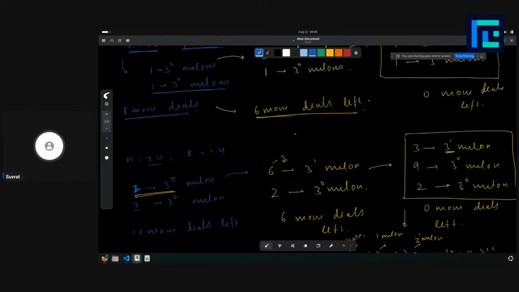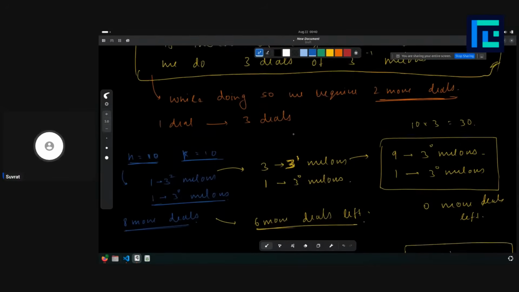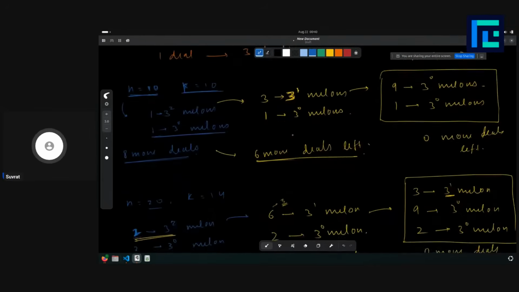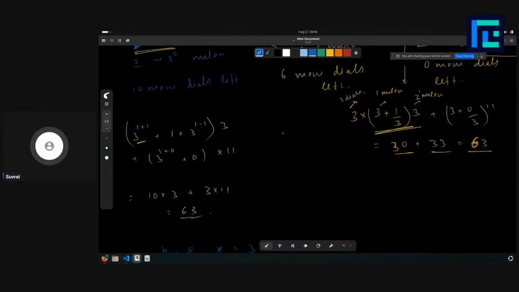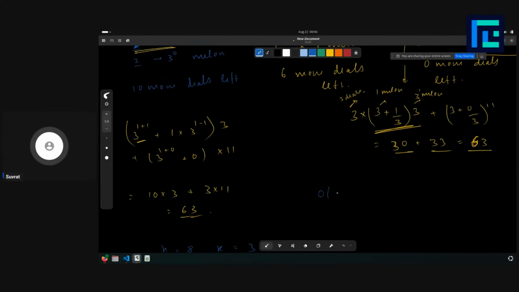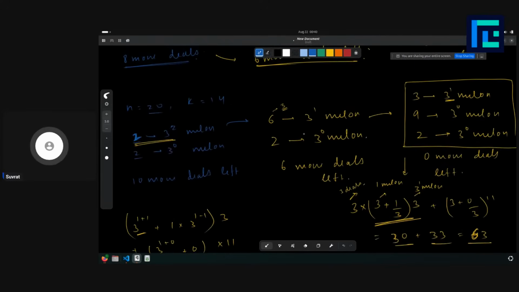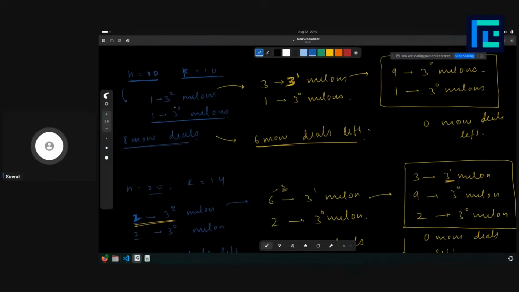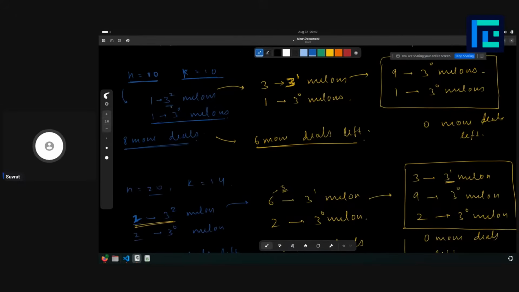And now to analyze the time complexity, since there are O of log n base 3 different deals that we would do at max. So we would start from the most costly deal and try to dissolve it into the subsequent lower cost deals.